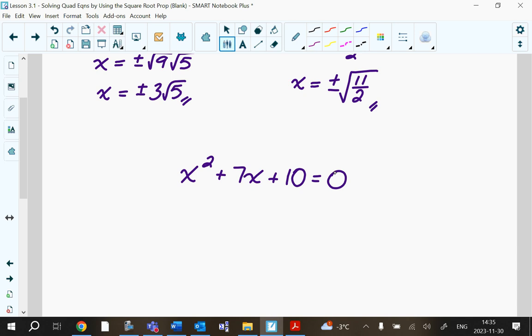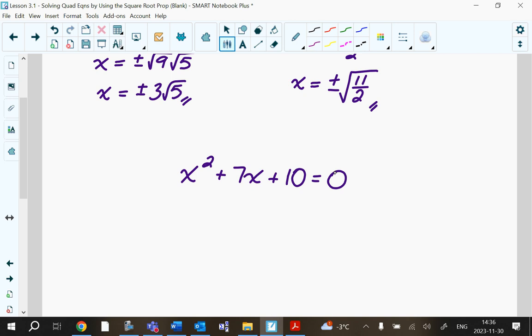Is that still a quadratic equation? Yes. Okay, but what's different about this one than the previous ones? It's not only does it have an x squared and a number, but it's got an x term.